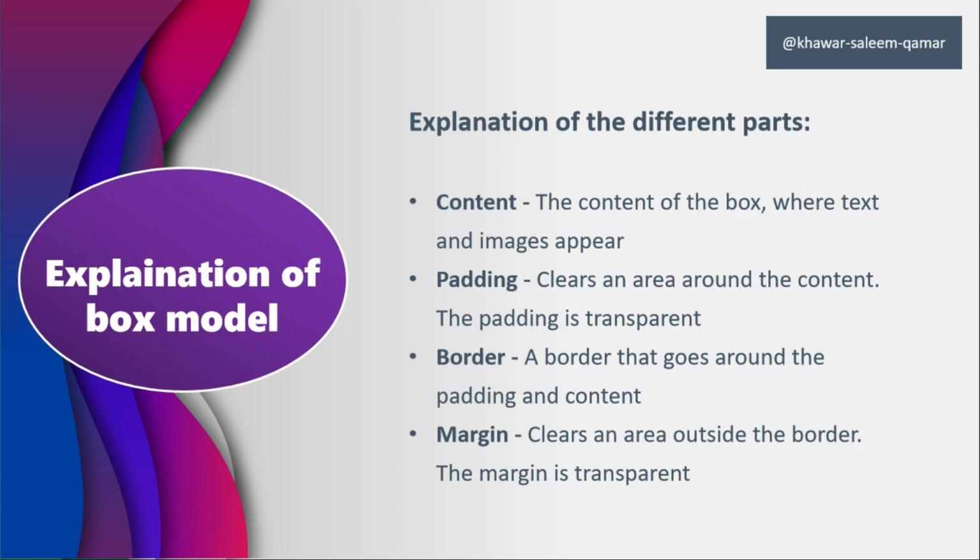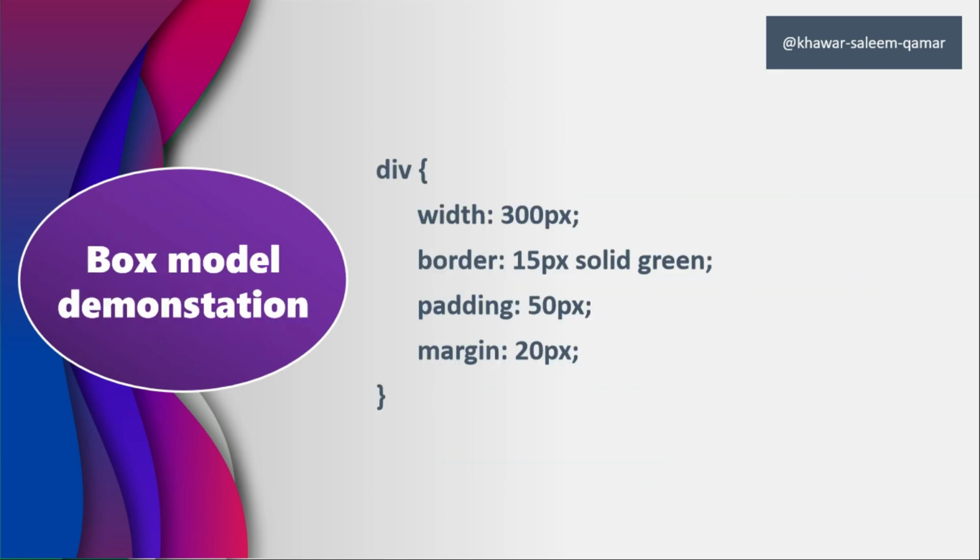And the border, we talked about it in our previous lesson, is a line that is around our content and padding. After that border, there is the margin, which is the external space outside all of this element. So for demonstrating it, let's take this example in which the width is 300 pixels, border is 15 pixels solid green, padding 50 pixels and margin 20 pixels.